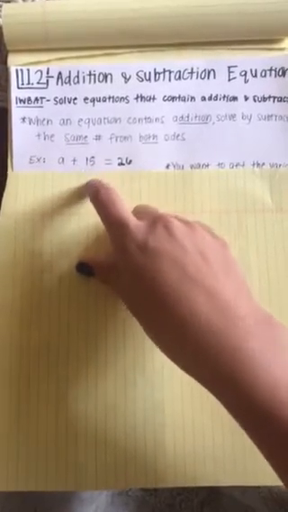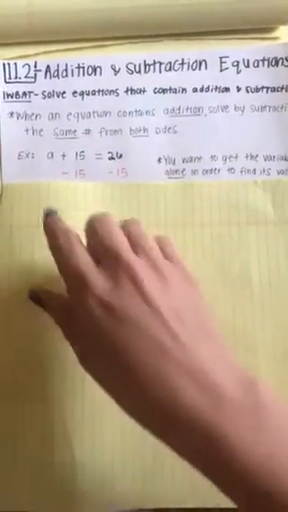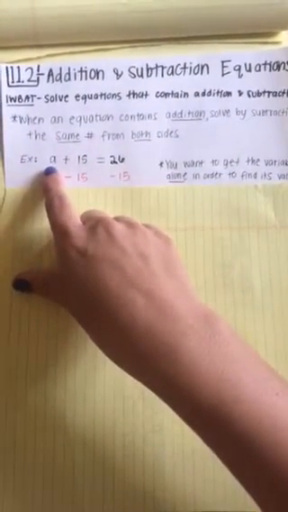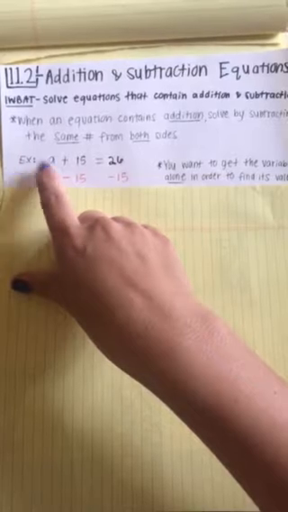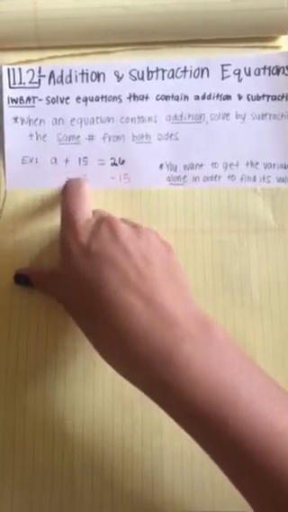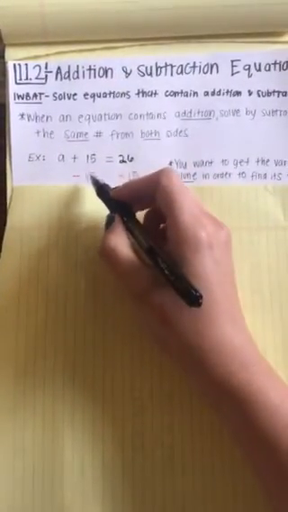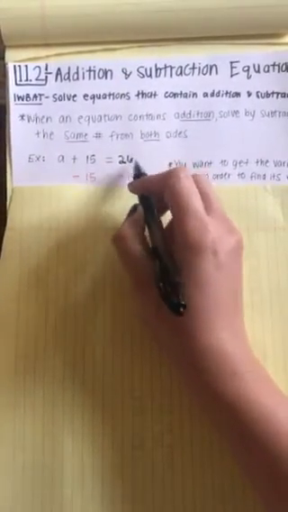We do the opposite. The reason we do that is because you want to get this variable all by itself in order to solve it. So to get it by itself, we need to get rid of this number and basically just move it to the other side. So a plus 15, we're going to say minus 15 on both sides.